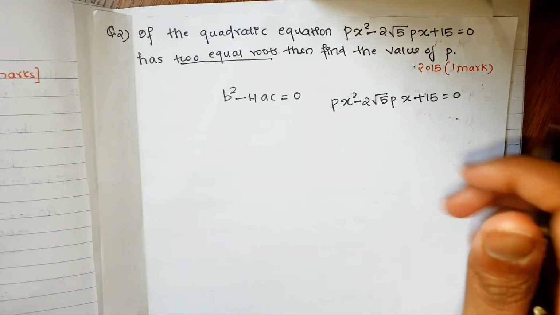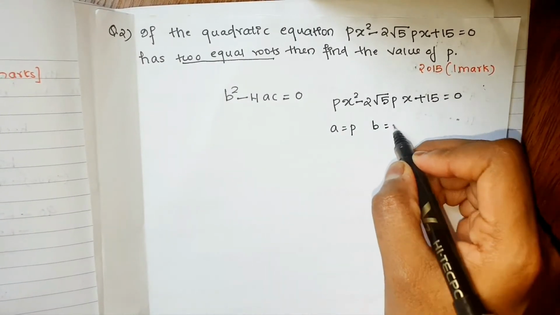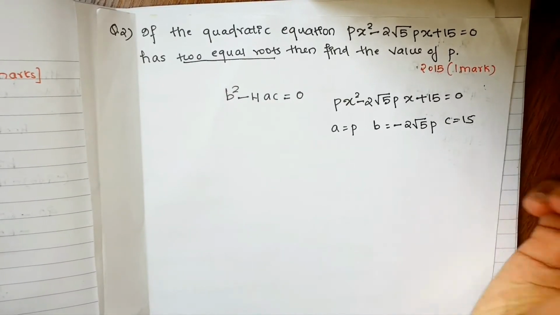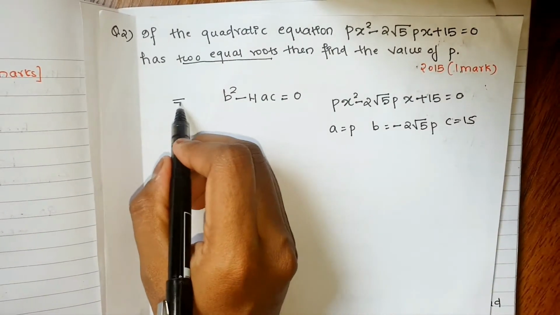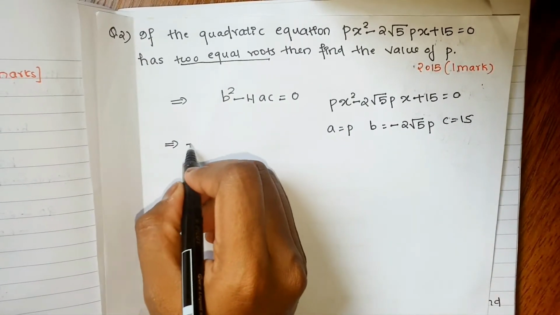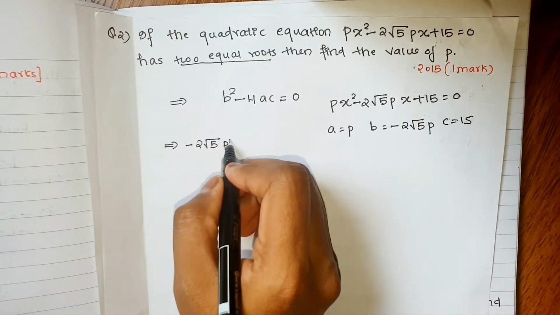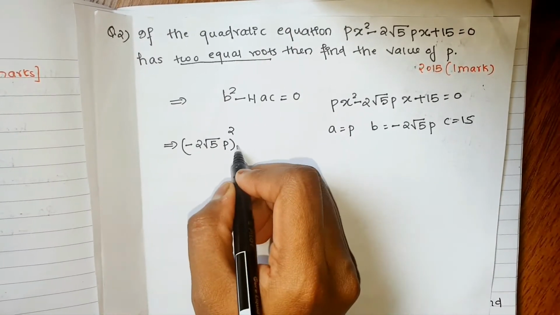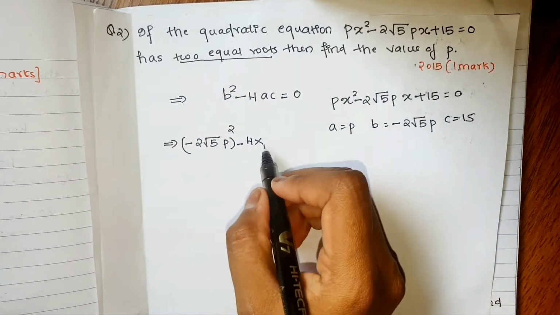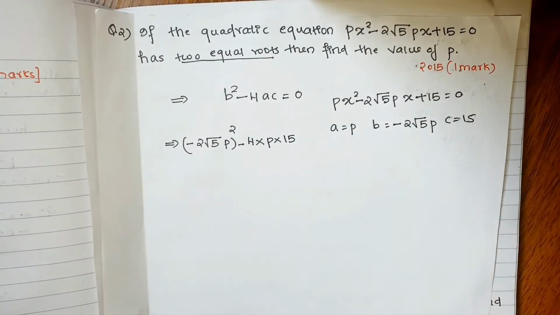So what is the value of a? a is equal to p. b is equal to minus 2 root 5 p and c is equal to 15. So we can substitute the values. b is minus 2 root 5 p, b square, the whole square, minus 4 into a, which is p, into c, which is 15.